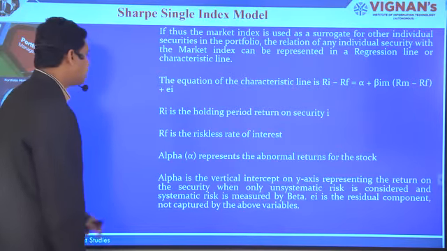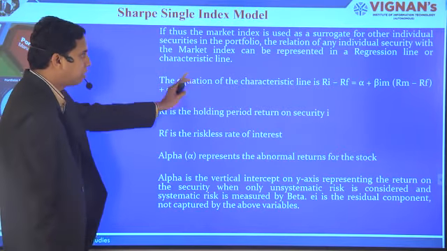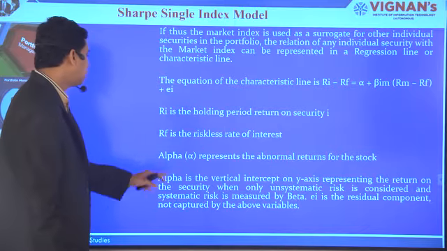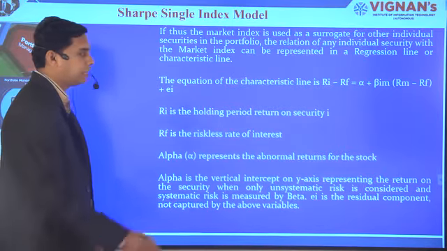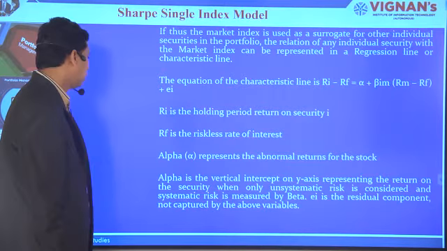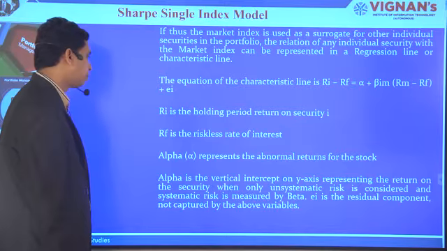And alpha is the vertical intercept on the y-axis. There is a graph we'll look at. The y-axis represents the return on the security when only systematic risk is considered.